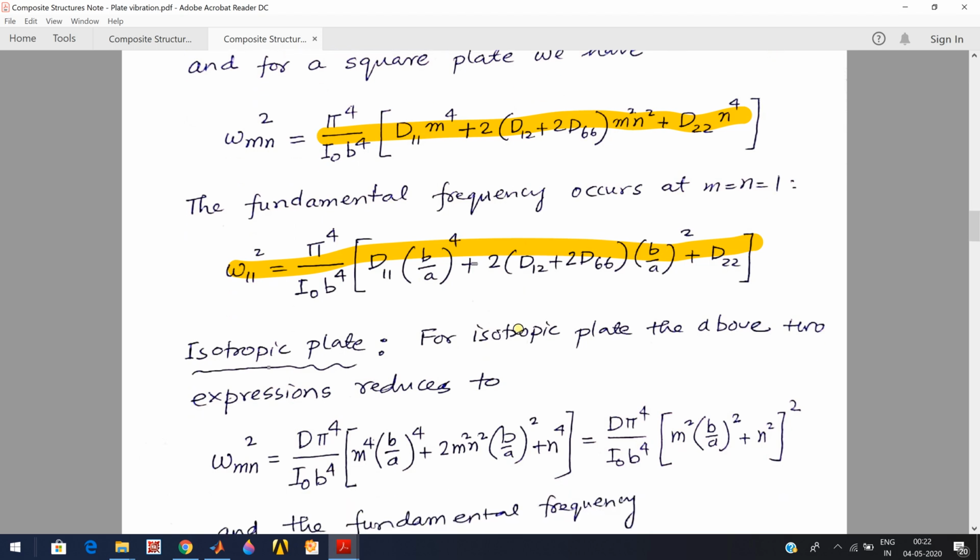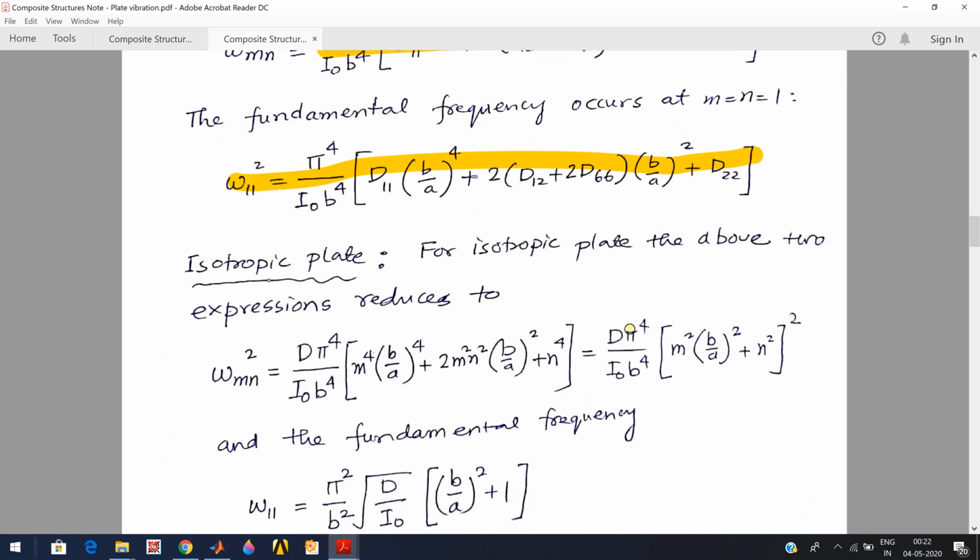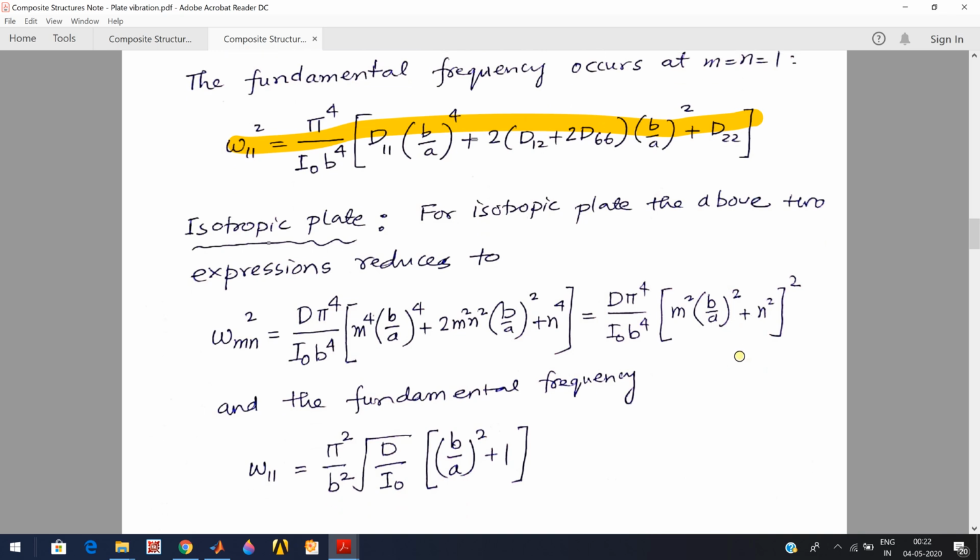And then if we further simplify the plate to be a homogeneous isotropic plate, then the bending stiffnesses will be related to one single stiffness D, which is E h cubed by 12 into 1 minus nu square, and we get a very simplified form of the frequency omega mn.